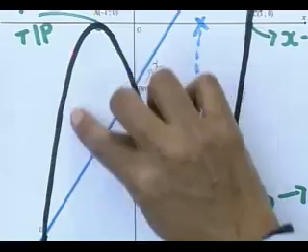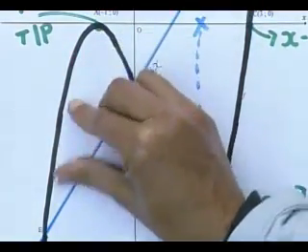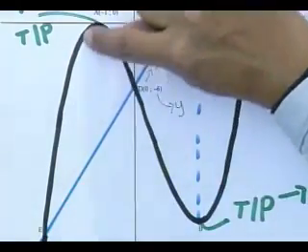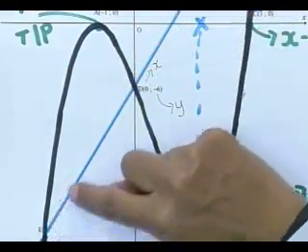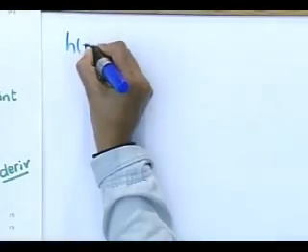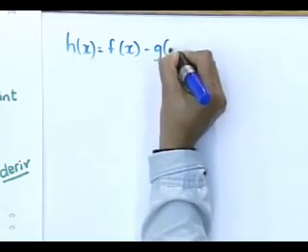So there is a distance, it is this distance here, and this distance is represented by taking the top graph minus the bottom graph. And what is the top graph equal to? You have that h of x is equal to f of x minus g of x.